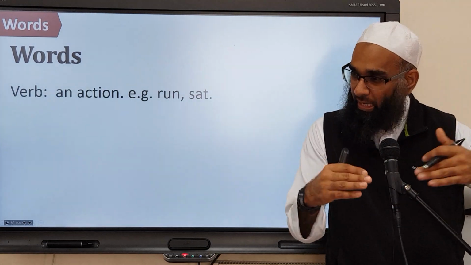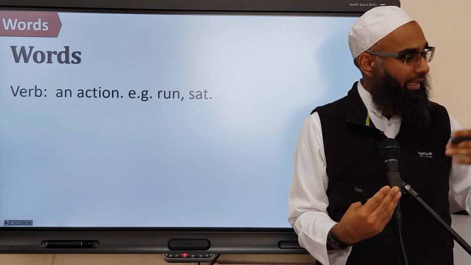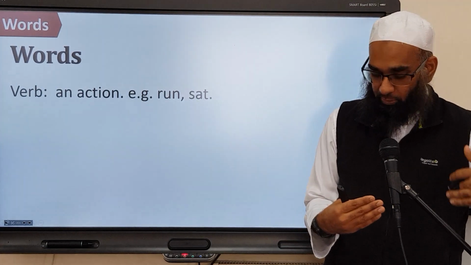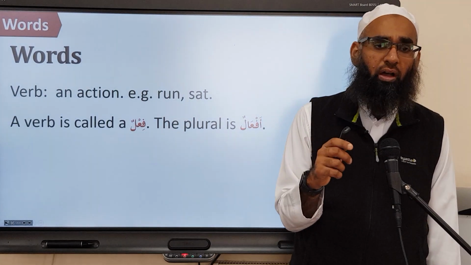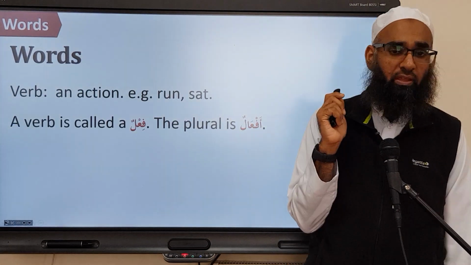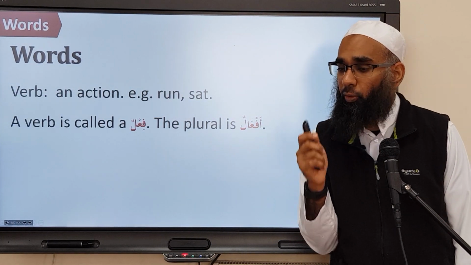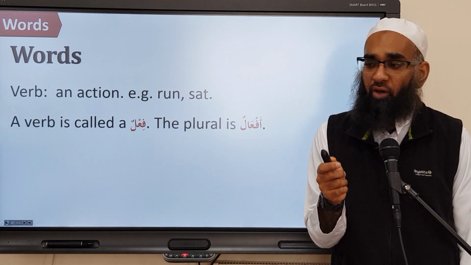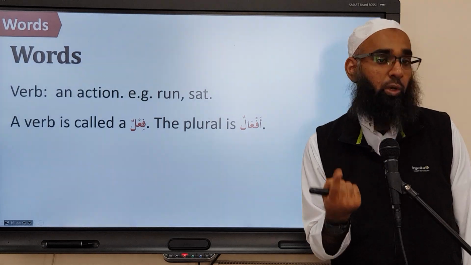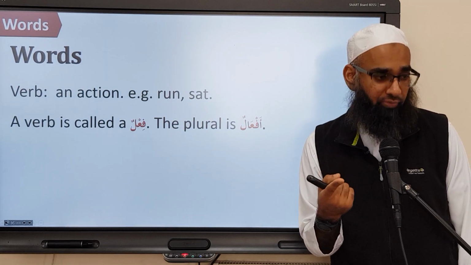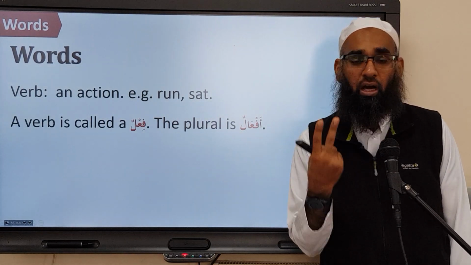But by the time you start making progress in this lesson, in the other lesson you will have covered verbs and you will be able to understand them. But for now, simple thing. So a verb is called what? Fe'lun. And the plural of fe'lun is af'alun. So you have fe'lun and you have af'alun.